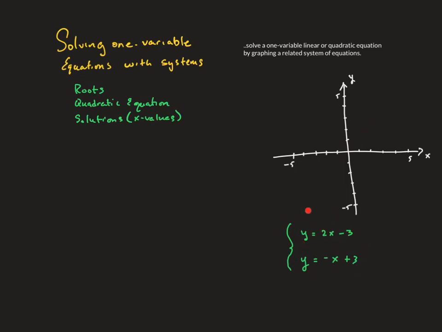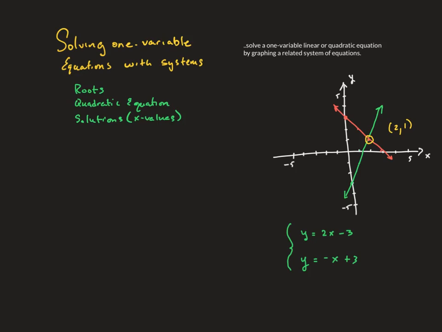And when I graph it, I see that the solution lies at point 2 comma 1. My point (2, 1) would be the solution of this system.